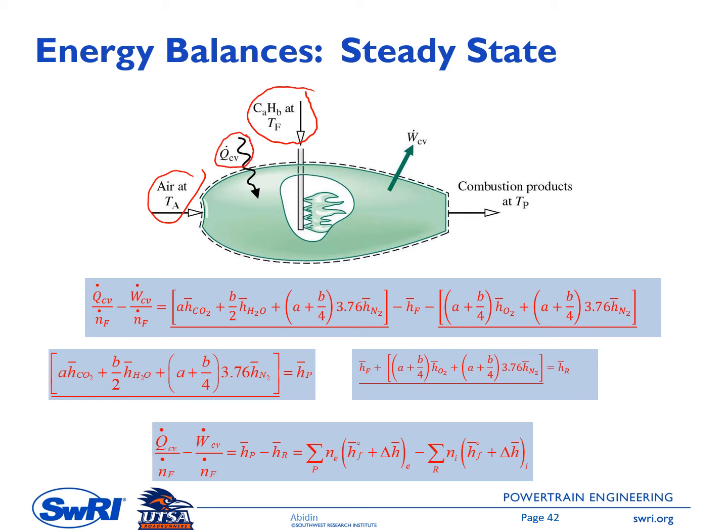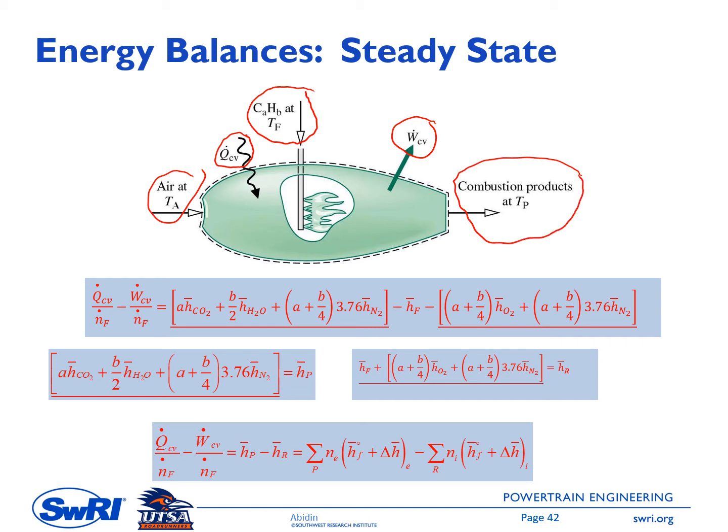The system boundary is represented by a dashed line here, and the system might do work as well, W_CV. And then at the exit we have combustion products with a temperature of T_P.